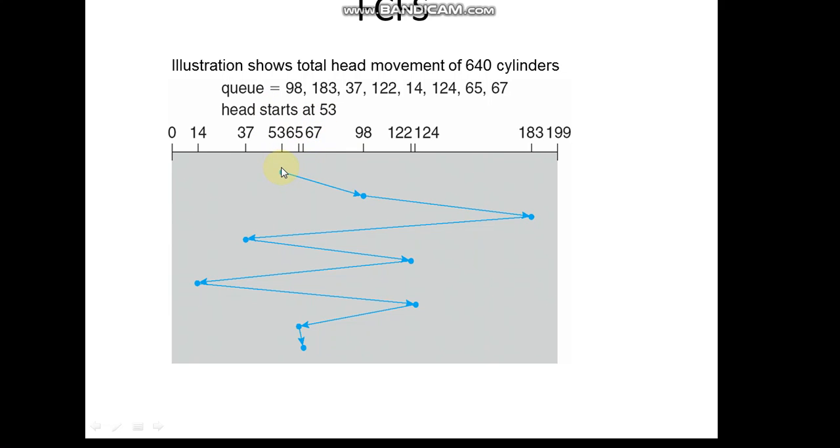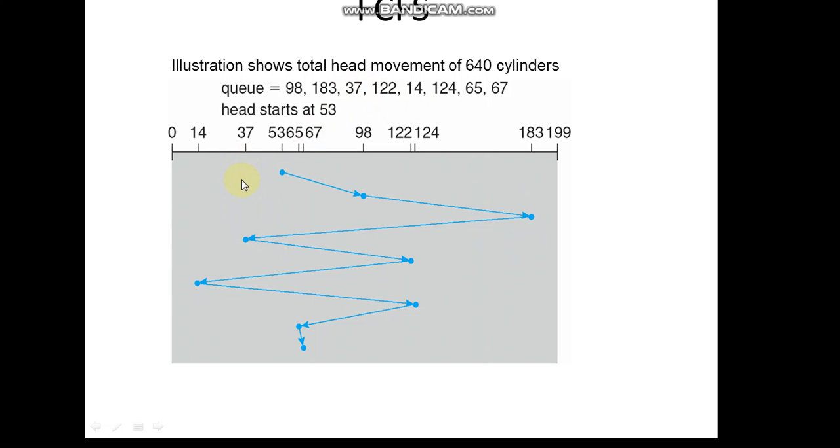Then the first request in the queue is 98, right? So from 53 the head is moving to 98. From 98 the next request is 183, so the head moves to the 183rd sector. From there it is moving back to the 37th sector.